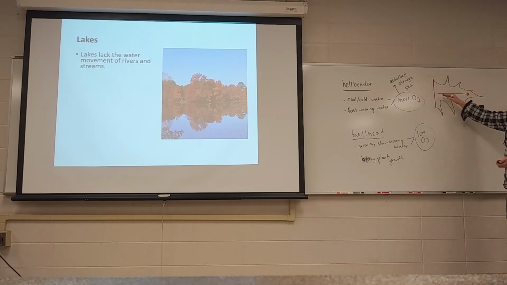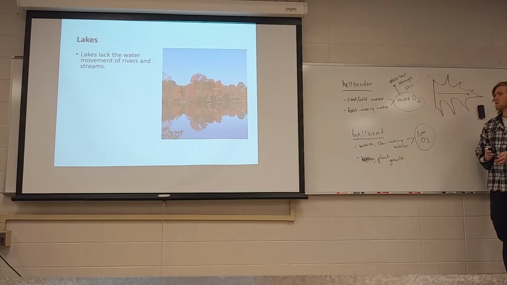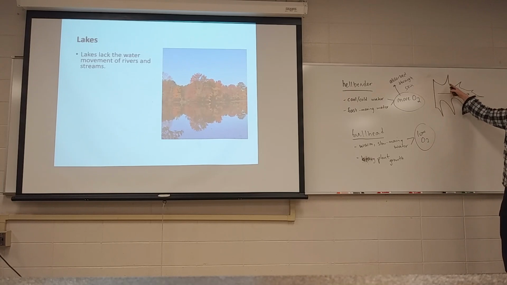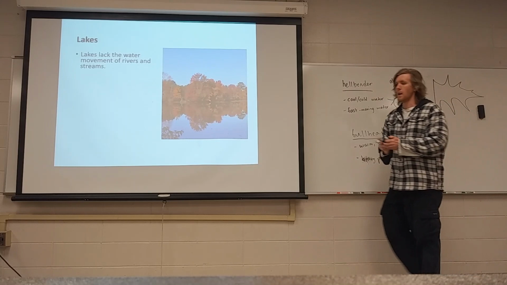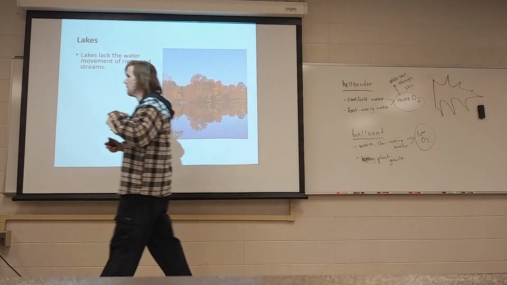Which shows you where the main channel used to be for this stream, with some of the side channels and or places where elevation was lowest, and so that's where the water is going to gather. And so this is usually what we have in Missouri. It's a reservoir, it's not a natural lake, it's man-made.